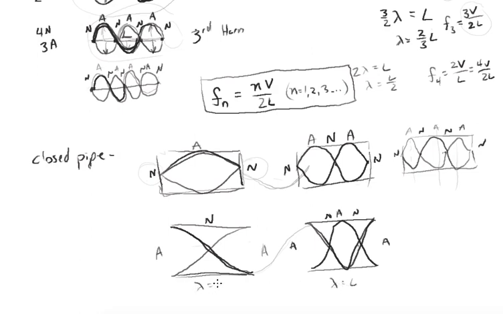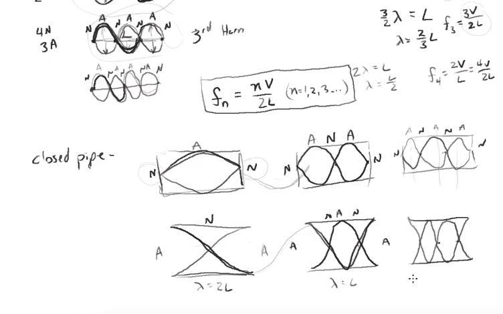Here, lambda equals 2L. And then over here, we're going to get this same one, 2/3. We're going to get again. So if we draw this in, we have to have three nodes in the middle, and it gets harder and harder to draw, but up, down, and up, and up, and down, and up.